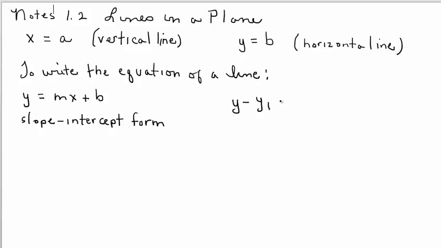Sometimes I'm going to be writing the equation of a line not using the slope-intercept form, but this form right here. So I can use this equation to write the equation of a line. You probably didn't use this a lot, and maybe not much, if any, in Algebra 1. You may have seen it just slightly in Algebra 2. If we use this form, this is called the point slope form.